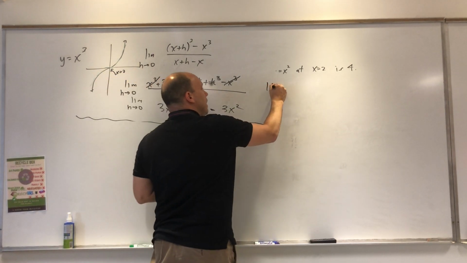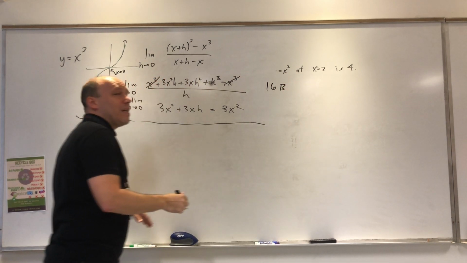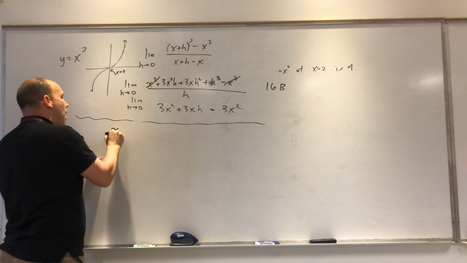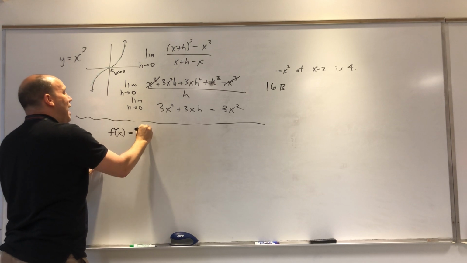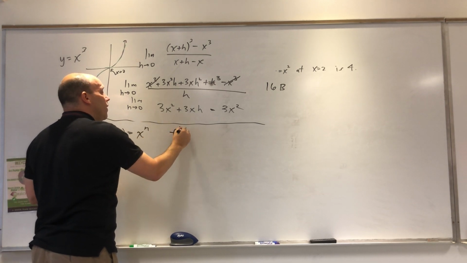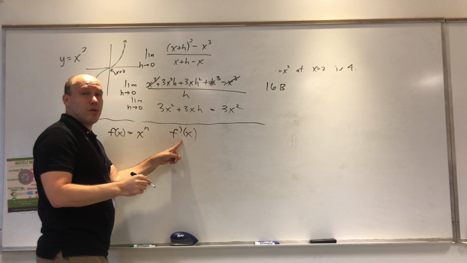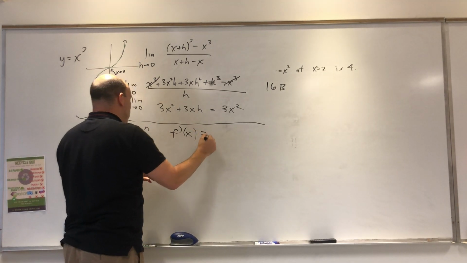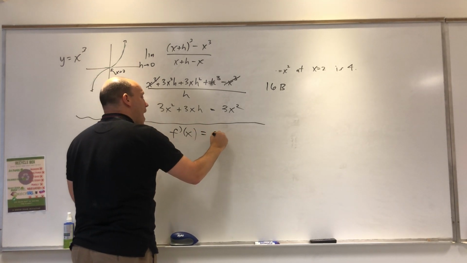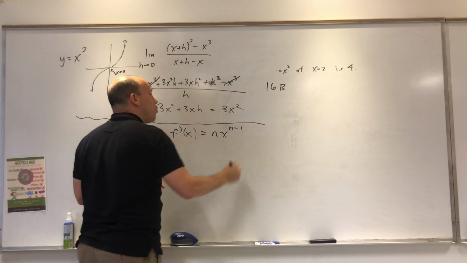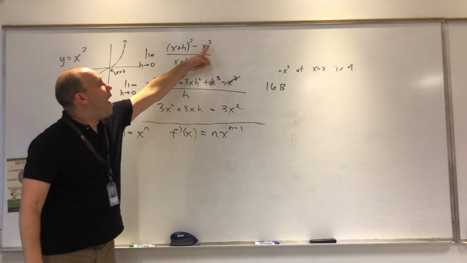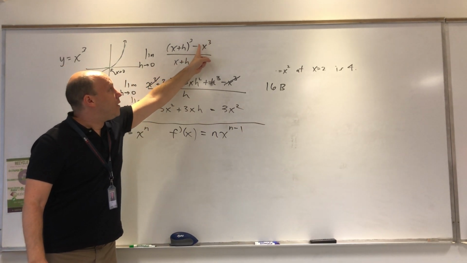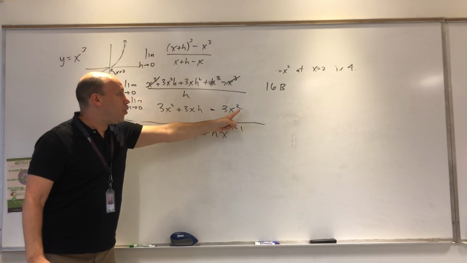So this is 16b. Now some of you have already seen, if you have a polynomial x to the n, how do we find the derivative? This is the notation for derivative. And we know, you might have seen from the formula, it's n x to the n minus 1, right? So x cubed, bring the 3 down, 3 minus 1 is 2.